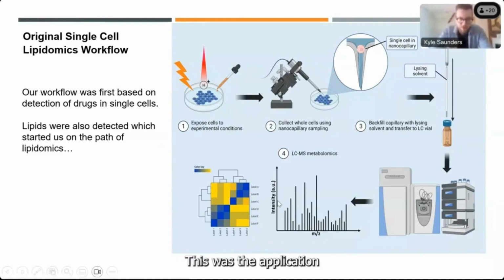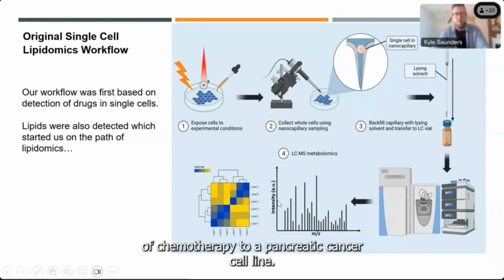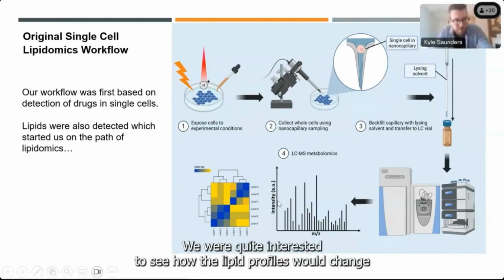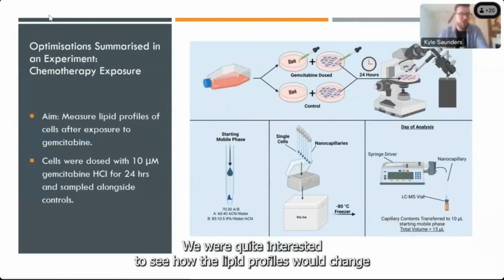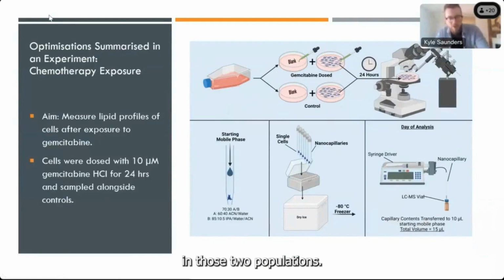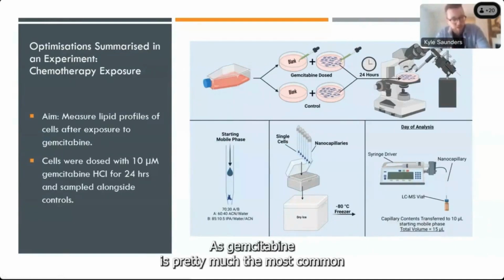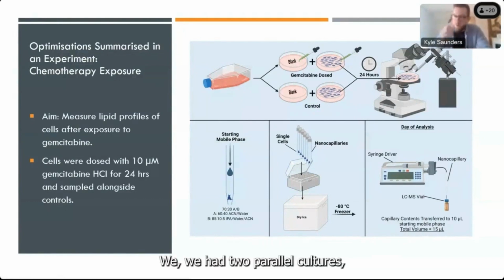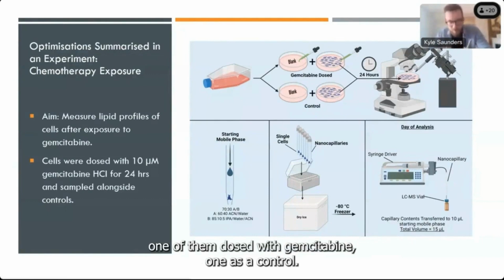This was the application of chemotherapy to a pancreatic cancer cell line. We were quite interested to see how the lipid profiles would change in those two populations based on treatment with gemcitabine, as gemcitabine is pretty much the most common chemotherapeutic agent used for pancreas. So we had two parallel cultures, one of them dosed with gemcitabine, one's a control.